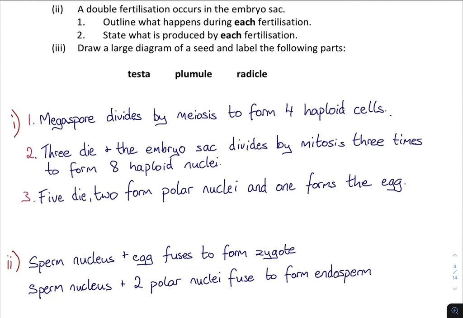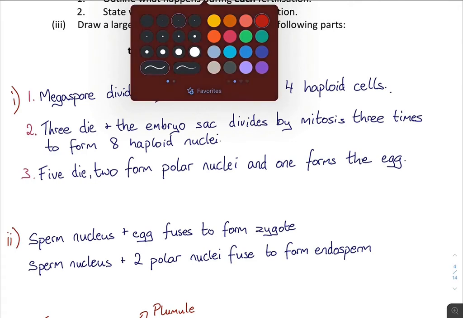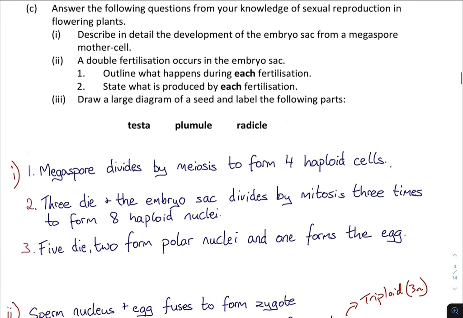Now it's double fertilization, so you also get sperm nucleus plus 2 polar nuclei fuse, and they form an endosperm. The endosperm is unique in that it is triploid. Now you didn't need to say this, but just to put that in, it is triploid, which means it's 3N. Again, that wasn't necessary, but just a little bit of extra detail, just for you guys.